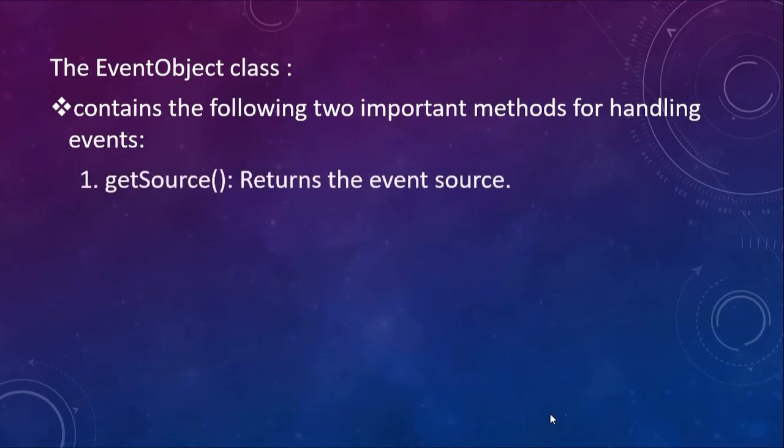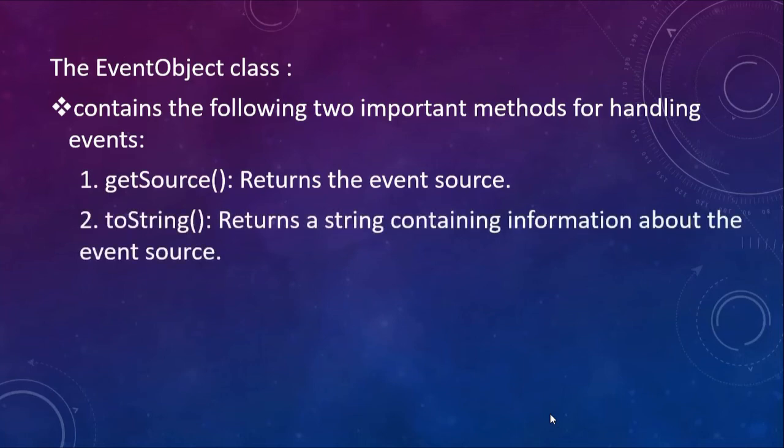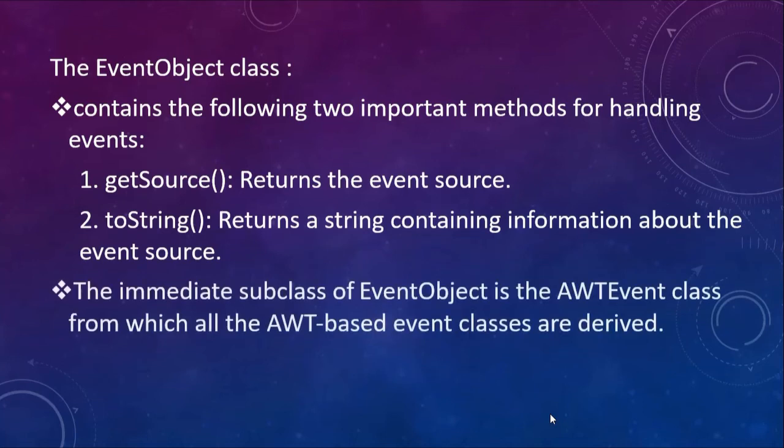You have the getSource method, which returns the event source, and the toString method, which returns a string that contains information about the event source. The immediate subclass of EventObject is the AWTEvent class, from which all the abstract window toolkit based event classes are derived.